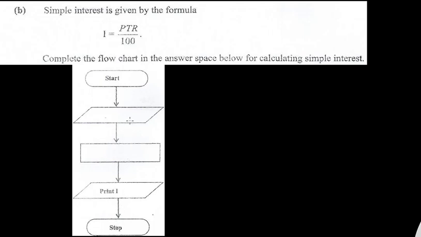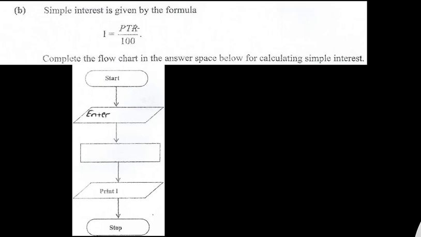So we're asked to complete the flowchart. As I said, this is an input box or input shape. So here we are going to write that the variables or values have to be entered. So we're going to say enter, what variables do we have?